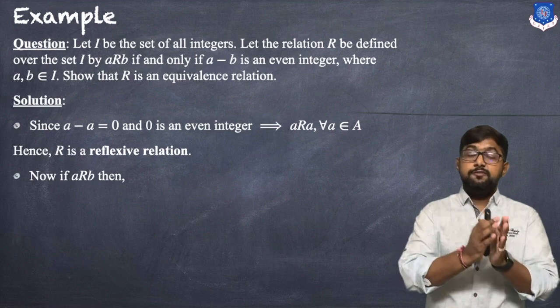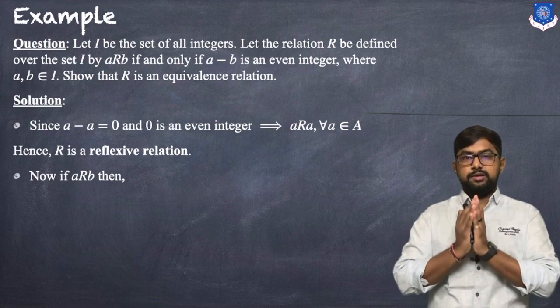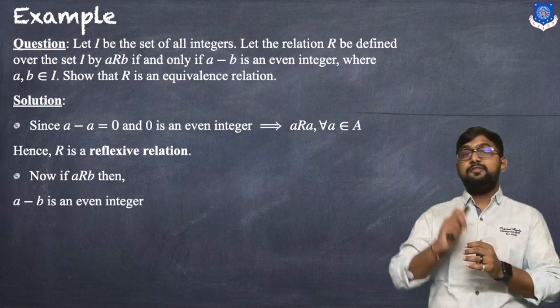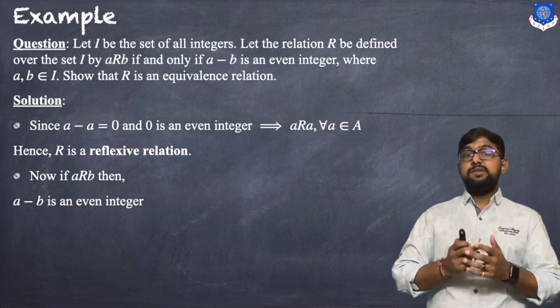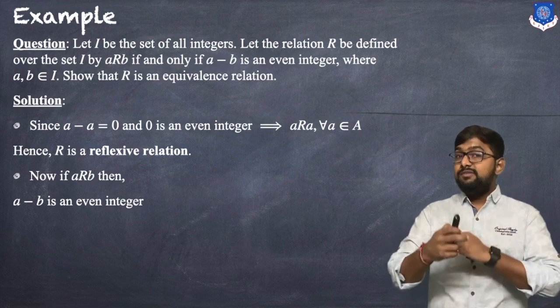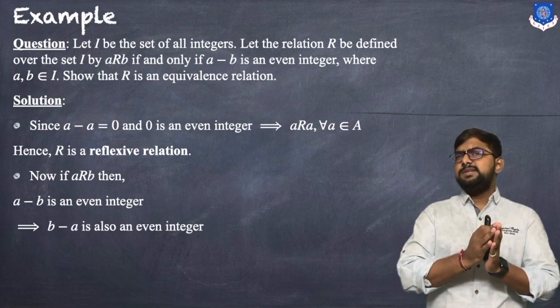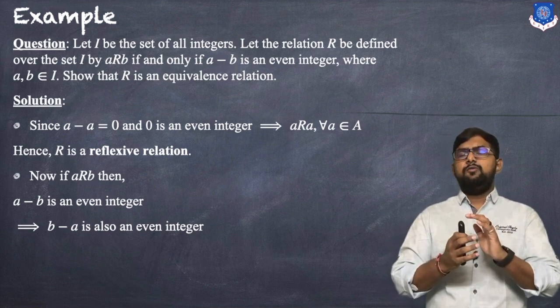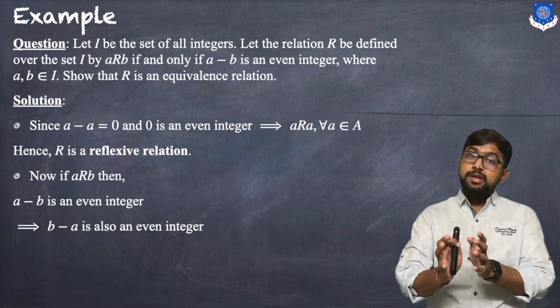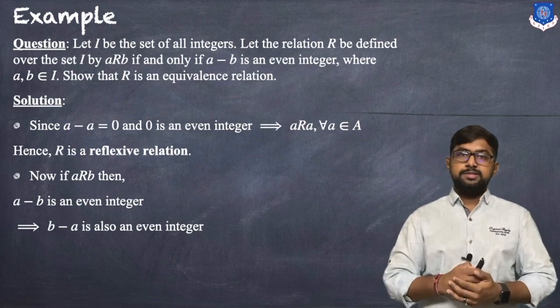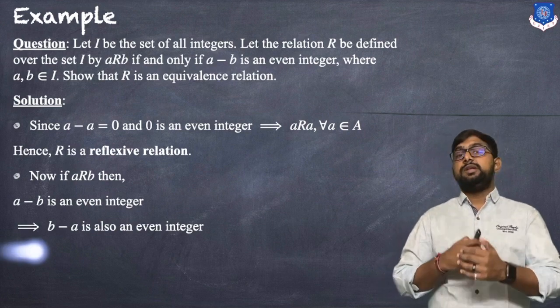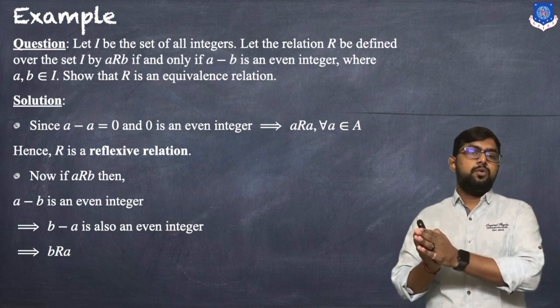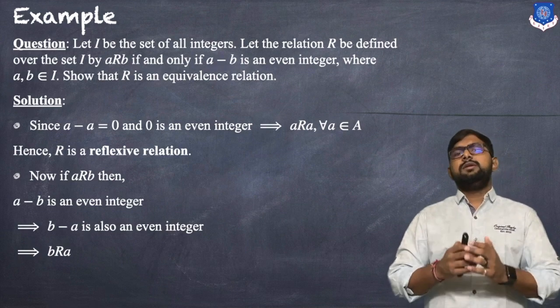So if a is related to b, then by the definition a minus b is an even integer. Now if a minus b is an even integer, then b minus a is also an even integer, whatever the sign. So b minus a is an even integer, which means b is related to a. So that's it, it is proved.